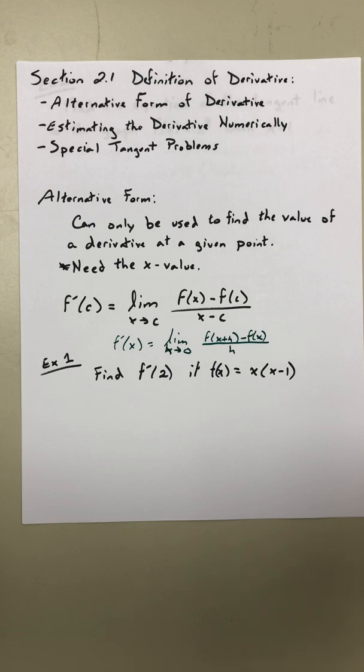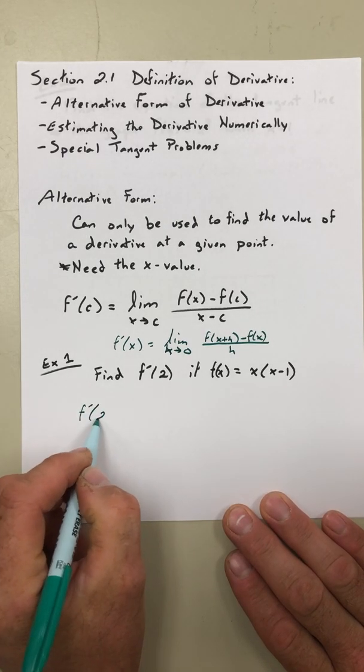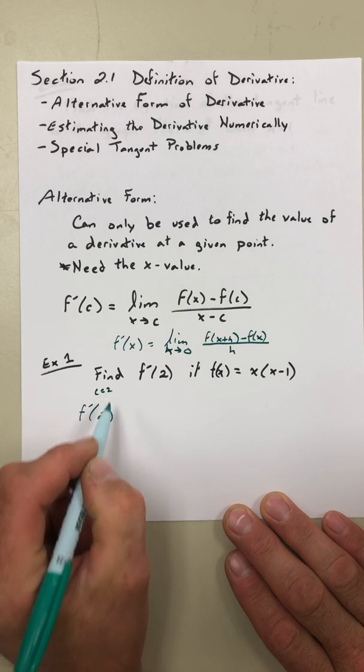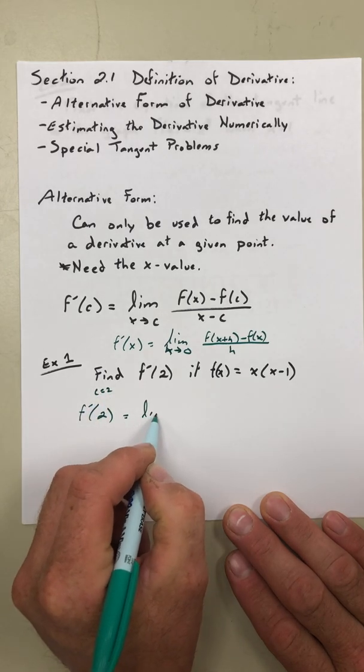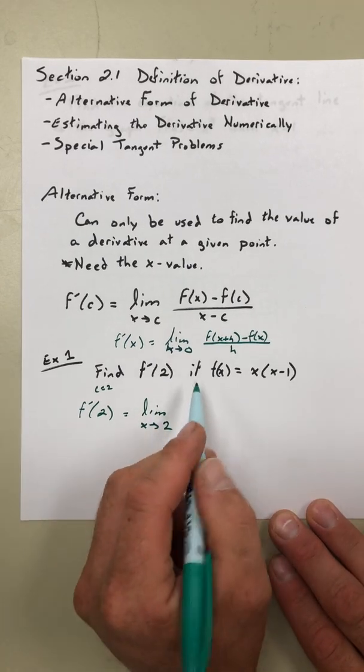So can we find f prime of 2 if I give you the function f of x equals x times x minus 1? Hopefully, putting into this formula, we can. So we know that f prime of 2, they're telling us that c equals 2. So our limit is going to be as x goes to 2 of f of x.